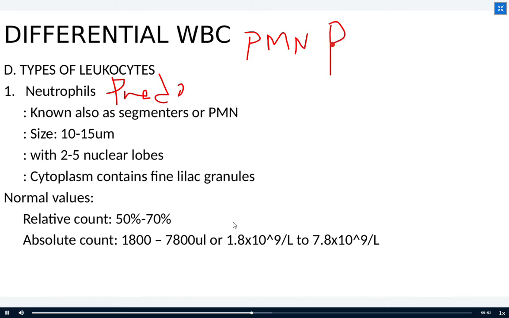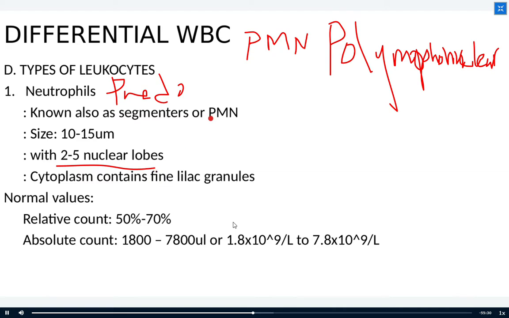So let's analyze the word polymorphonuclear. From the word poly, meaning many, and morpho, meaning changing in shape, and nuclear, meaning the nucleus. So class, your neutrophil tends to have 2 to 5 nuclear lobes that are segmented. And your cytoplasm would contain fine lilac granules.